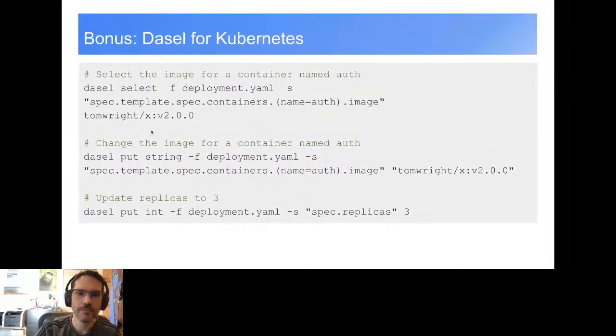So you would do that with JQ, but you can do that with Dasel, and you can actually update this. So instead of doing some Kustomize, if you want to do something very fast, then you can do that with Dasel, like changing the number of replicas, for example. Very easy to do and to use. So this is just here for reference. I'm not going to dive more into that.